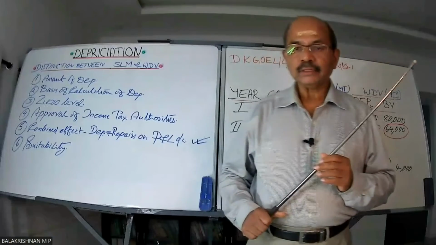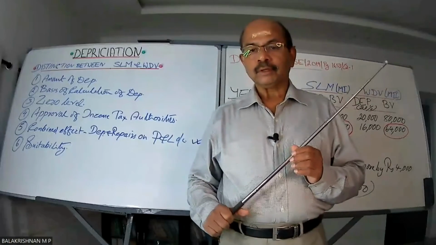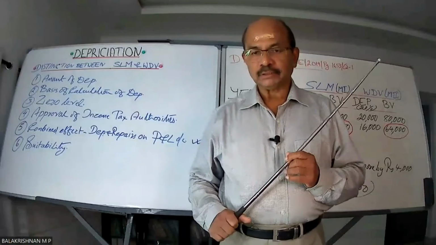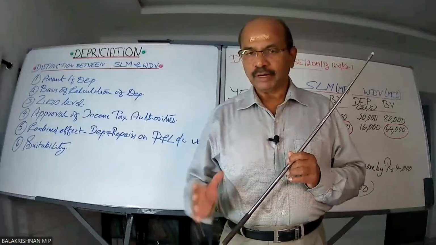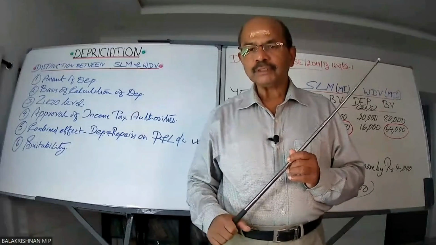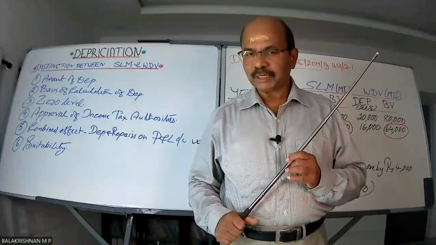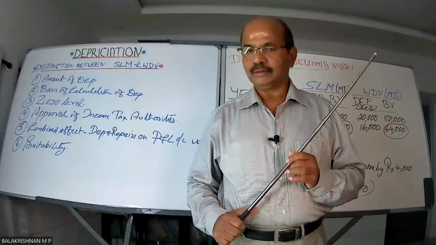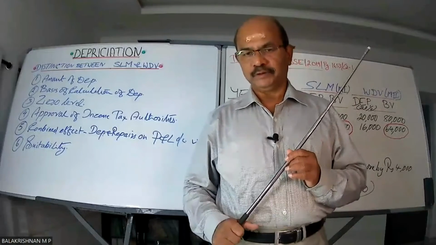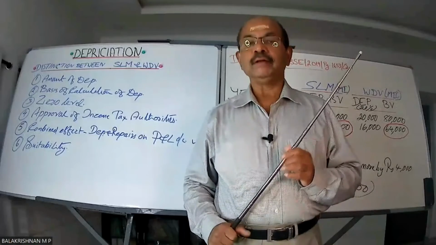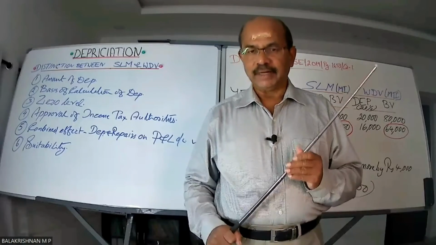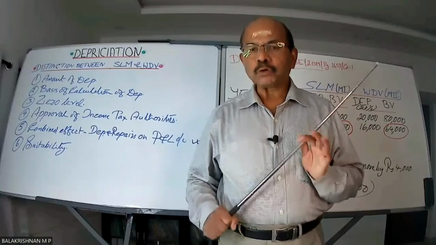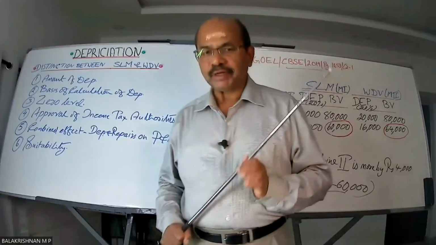You may ask, suppose an asset is purchased in the middle or later part of the year, what will you do? Of course, that is charged proportionately for the year, but it doesn't mean it's not taken equally. Whereas under WDV, depreciation goes on decreasing year after year.